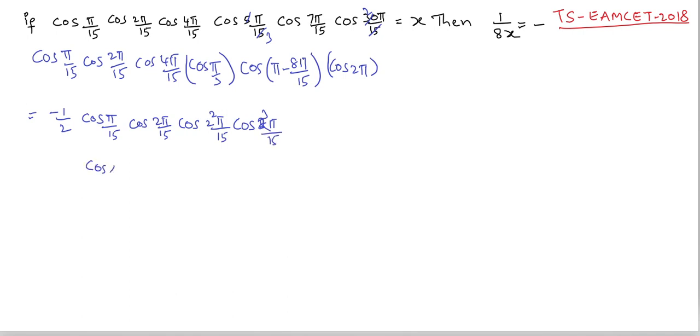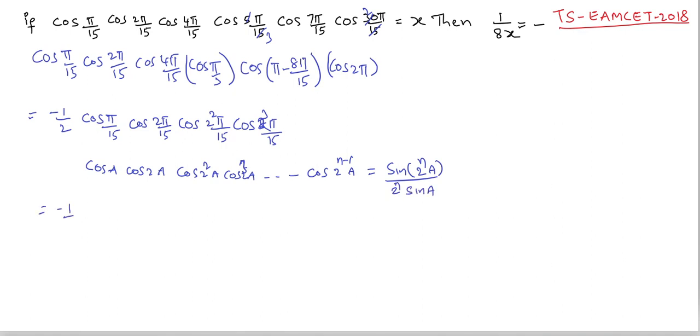The formula cos A, cos 2A, cos 2 square A, cos 2 cube A up to cos 2 power n minus 1 A is equal to sine of 2 power n A by 2 power n into sine A. So that is equal to minus 1 by 2 into sine of 2 power 4 A by 2 power 4 into sine A.